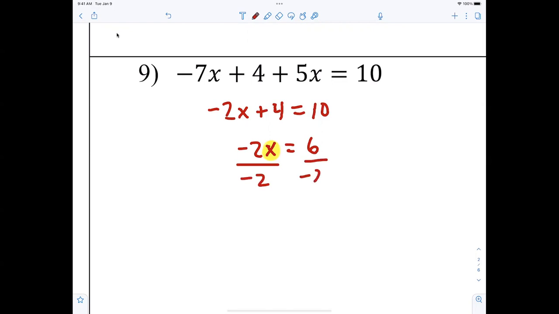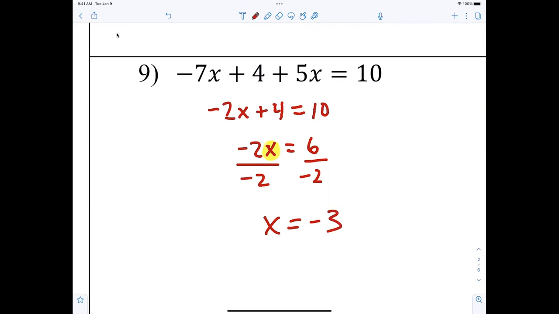This is what your brain is supposed to be seeing. So what's my final answer? Think back to 2nd grade when your teacher said, what's 6 divided by 2? You were happy. 3. Yeah, now I just threw a negative. I'm not trying to give anybody a hard time. I'm trying to help. You have to be able to do this.